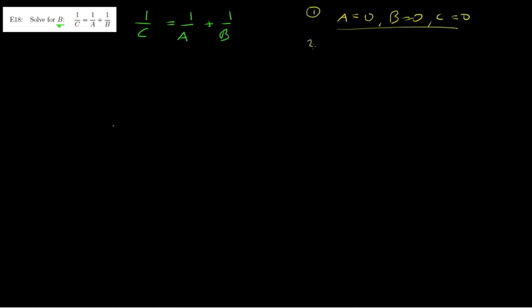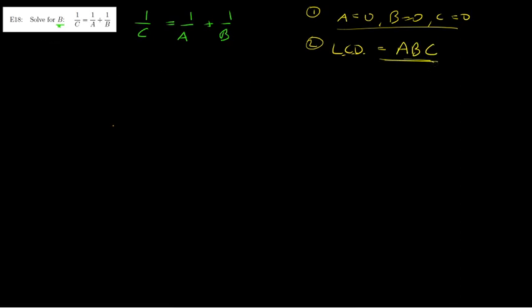Step 2 is to find the LCD. So we factor all the denominators. Luckily, there's nothing to factor here. We just have c times a times b, or a times b times c. Doesn't matter the order. So that's our LCD.